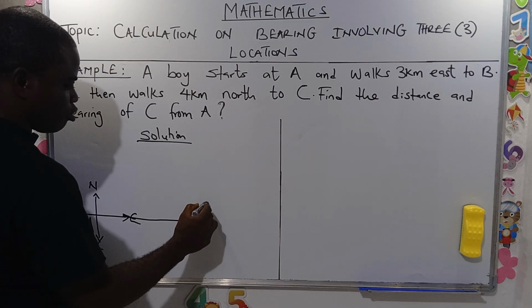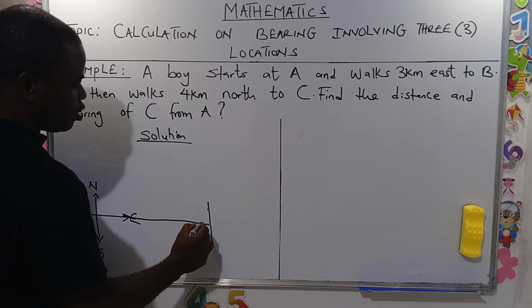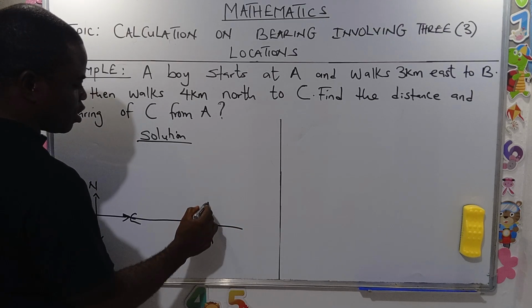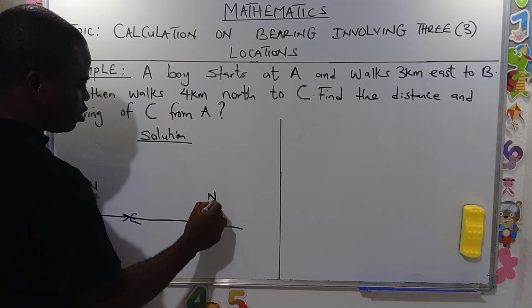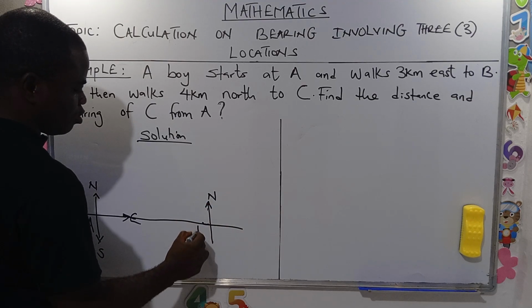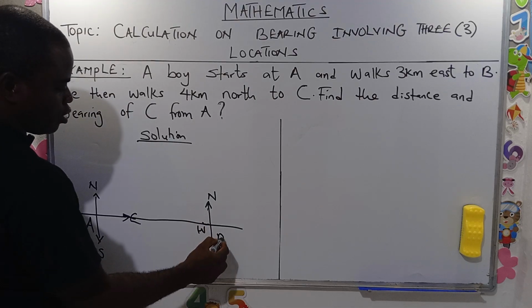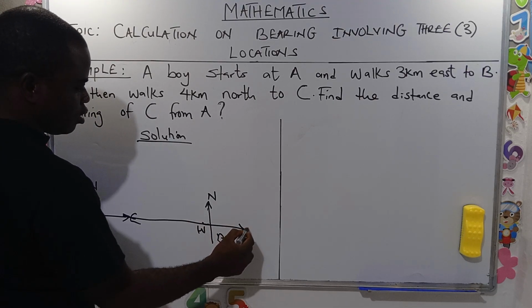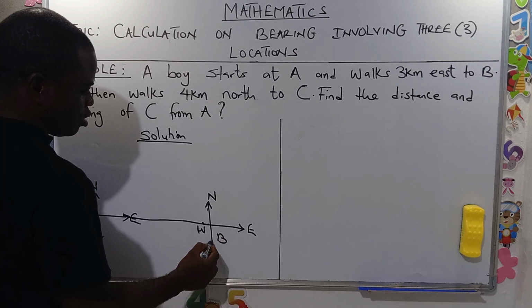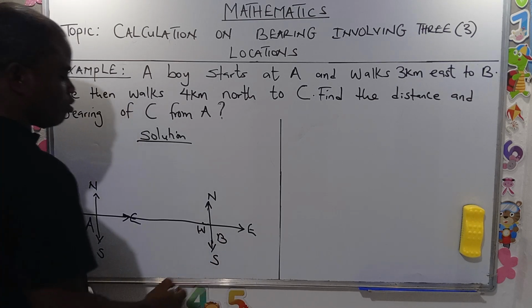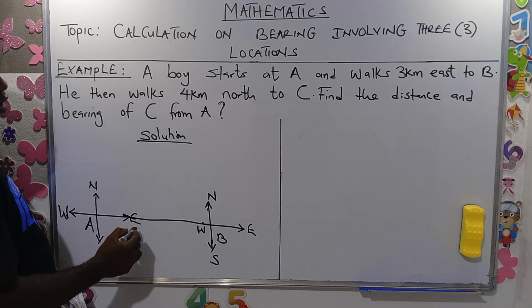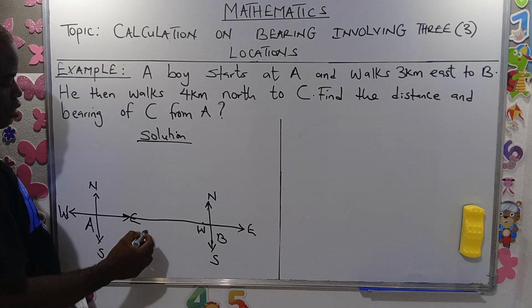When you get to point B, you draw your four cardinal points. This is the north. This is the west of B. This is the east. And this is the south, pointing downward. We are told that it's 3 kilometers.